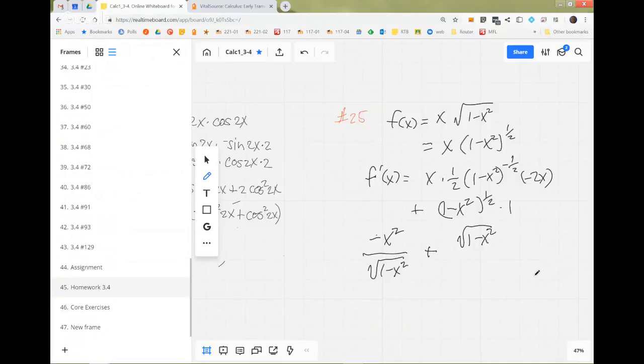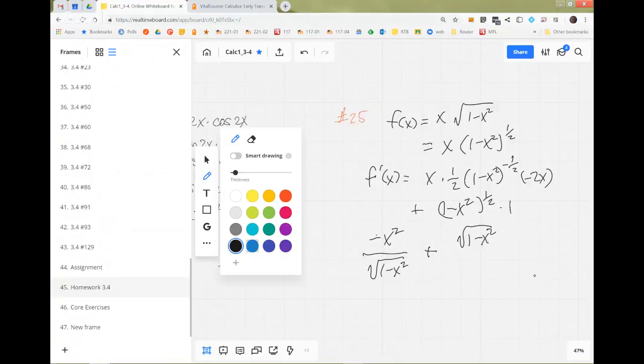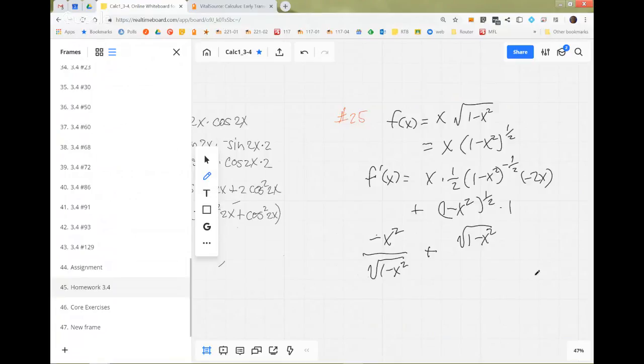So what I would do is multiply this top and bottom by the square root of 1 minus x squared, so I get a common denominator.